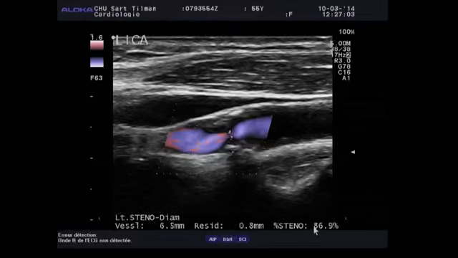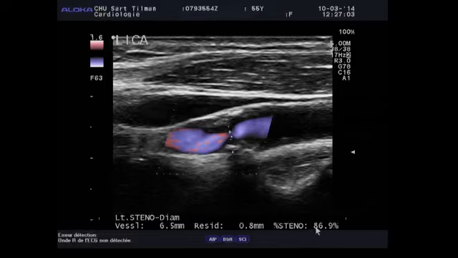There's another way to measure the stenosis. It's according to ECST, the European Carotid Surgery Trial, and then it compares the diameter here inside the stenosis and the normal diameter here at the same site, and you can see that's 86, almost 87%.